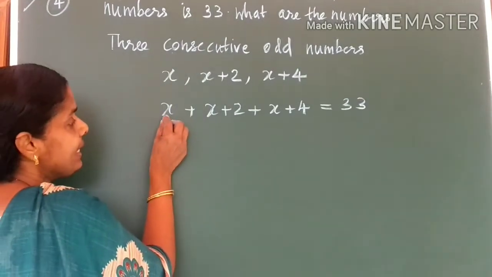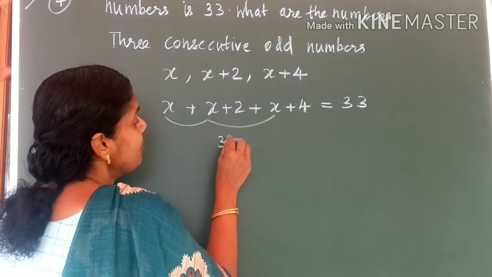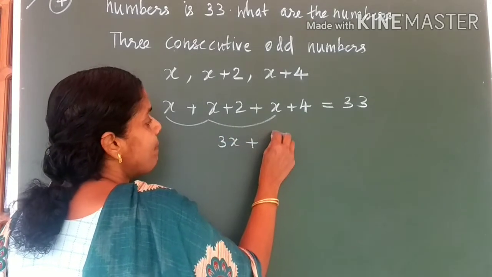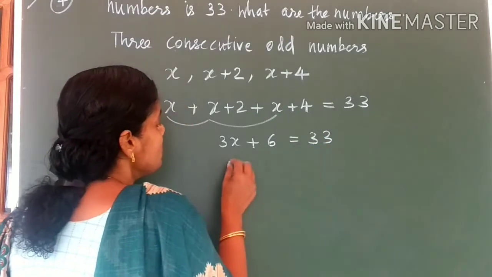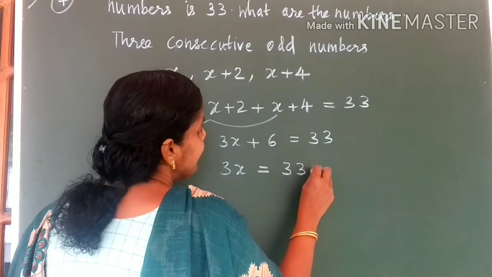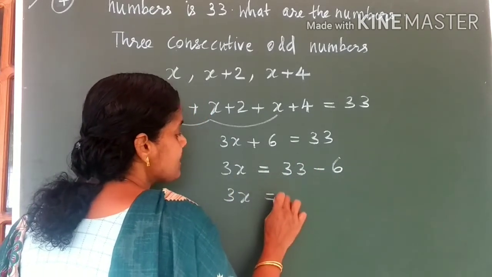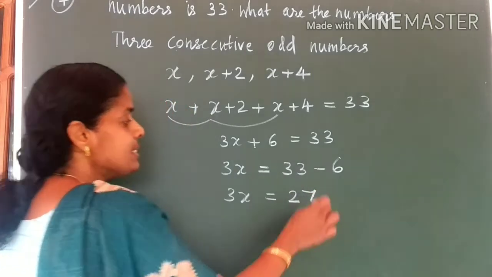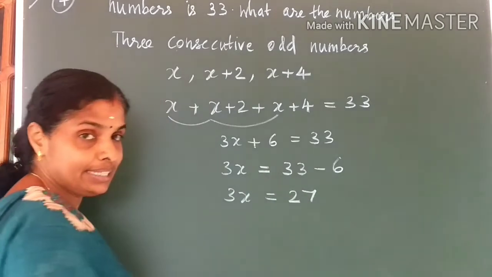Now add the x values first. x plus x plus x gives you 3x plus 4 plus 2, 6, equal to 33. So what is 3x? 3x is equal to 33 minus 6. So you get 3x is equal to 27. 27 plus 6 gives you 33.